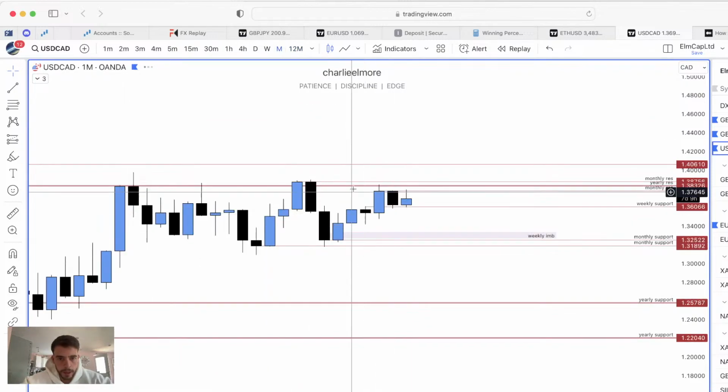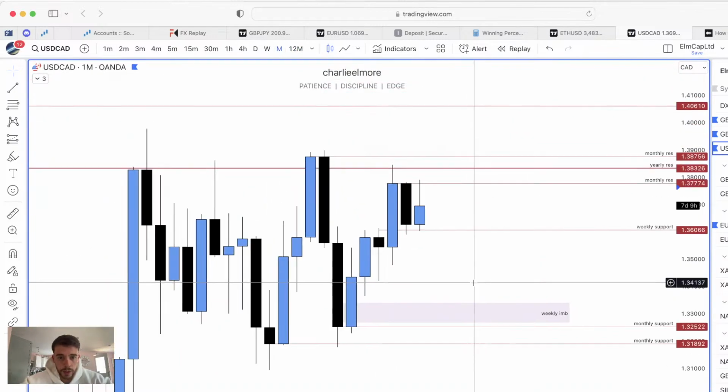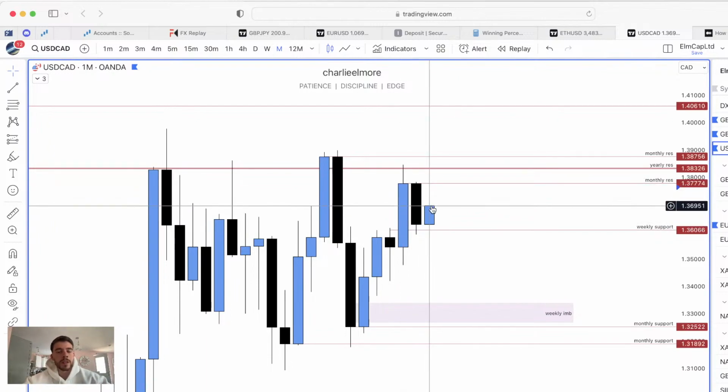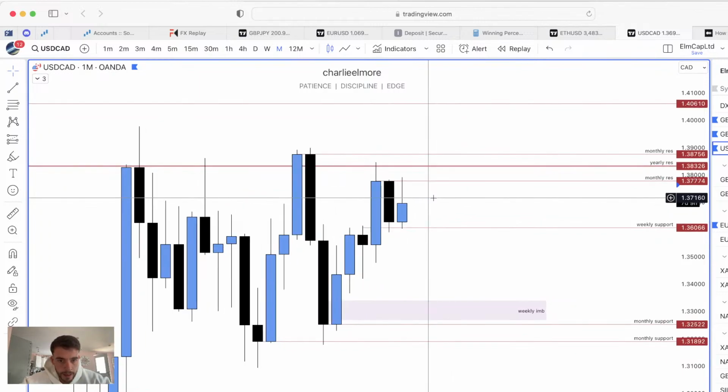On the monthly, the specific month that price ran into this area was April. And then May dragged to the downside, June spiked up into this newly found monthly resistance and has been dragged back down. So it's looking like the bullish momentum is starting to fade.